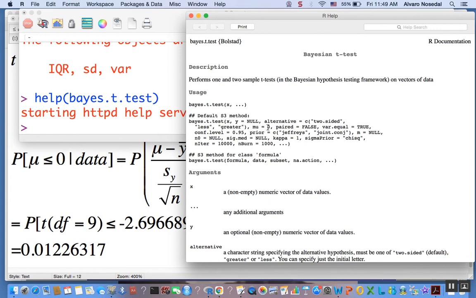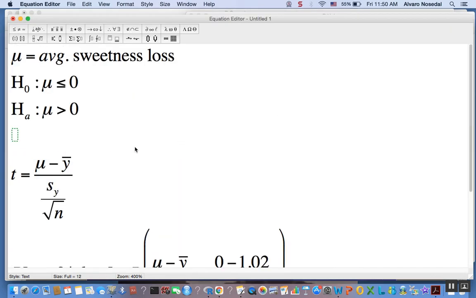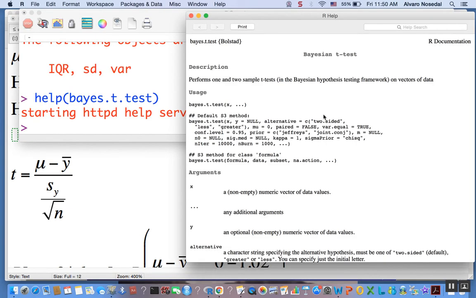Mu equals 0 represents the value here for the null. Let's continue. Prior. This is what we need. We're going to be using Jeffrey's prior, and that's basically the information that we need.